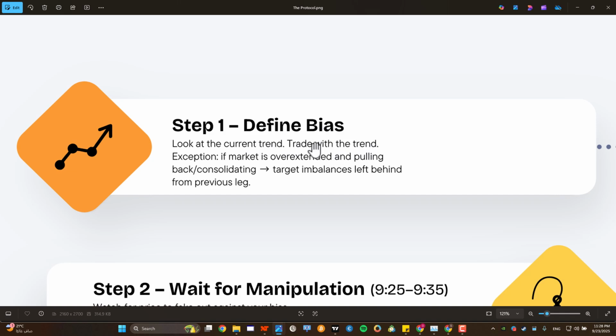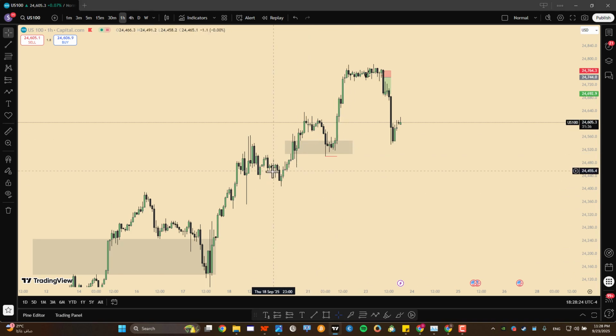You don't want to go against it unless there is an exception, if the market is overextended and pulling back or consolidating. So now the target is the imbalances that were left behind from the previous leg. This one is very easy. Let's talk about the exception. Suppose that we have something like this.